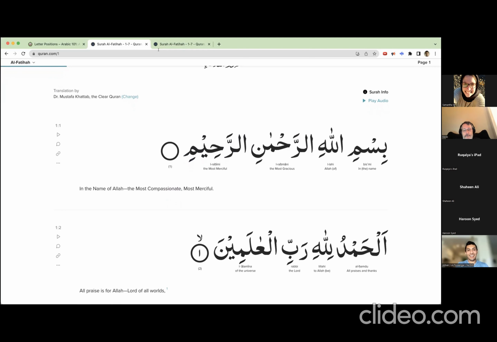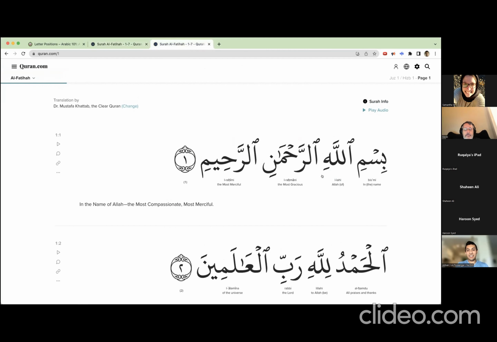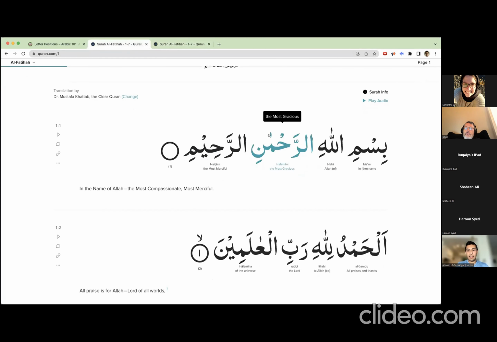Perfect. Thank you both. And then if we just go back to the Uthmani script, as you see the differences here on the alifs, there's that little squiggle that shows that this is an alif that you can ignore. The lam doesn't have anything on it like the other text. So Rahman. Now in the Indo-Pak script, you have the dagger alif.